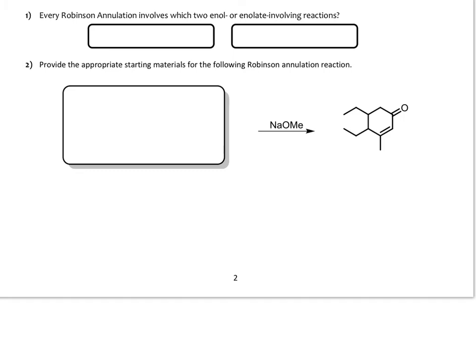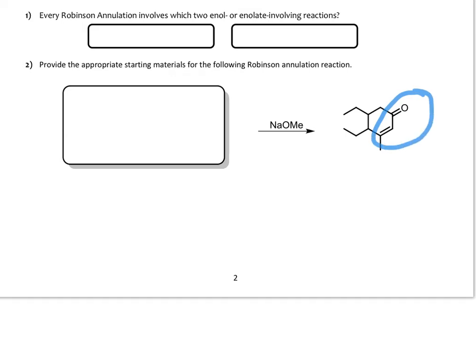The last two questions on page 2. The first: every Robinson annulation involves which two enol or enolate involving reactions? The first step is a Michael addition, and the second step is an aldol condensation reaction. Remember, aldol condensation reactions always give you alpha beta unsaturated carbonyls.